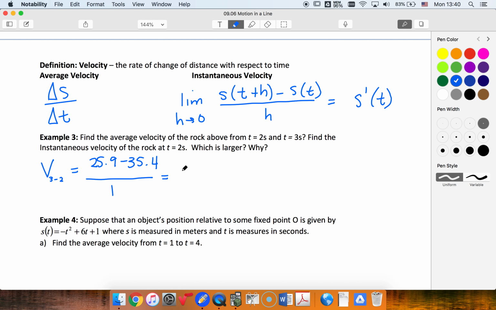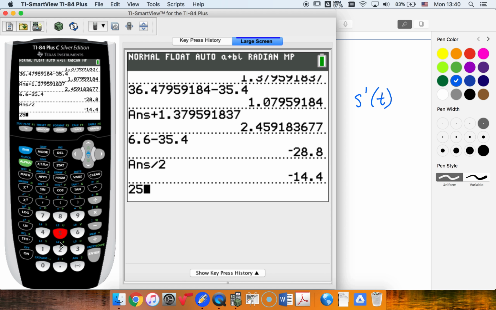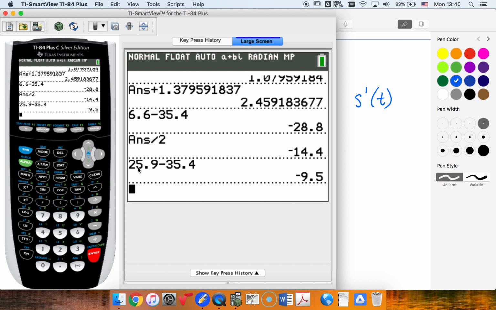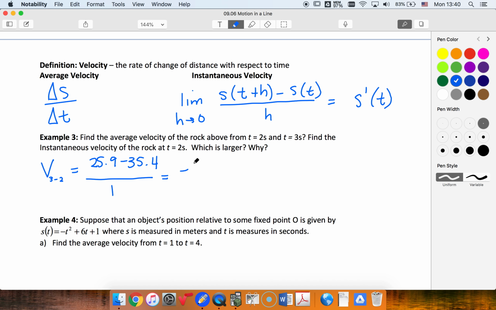So that's going to be, not a half, of course, because we're going for more than that, negative 9.5 meters per second.